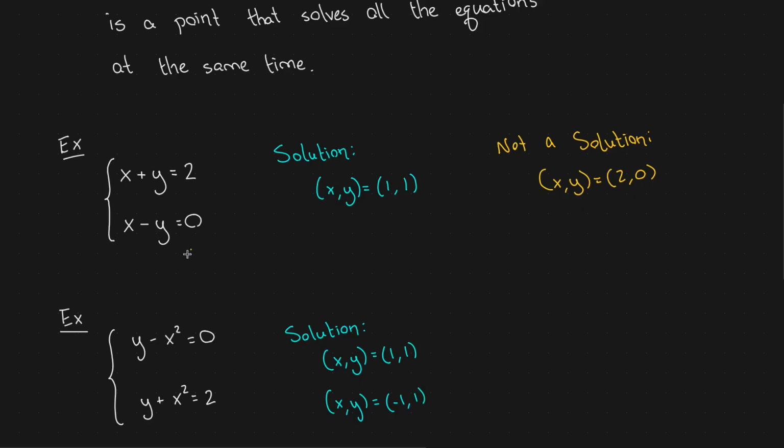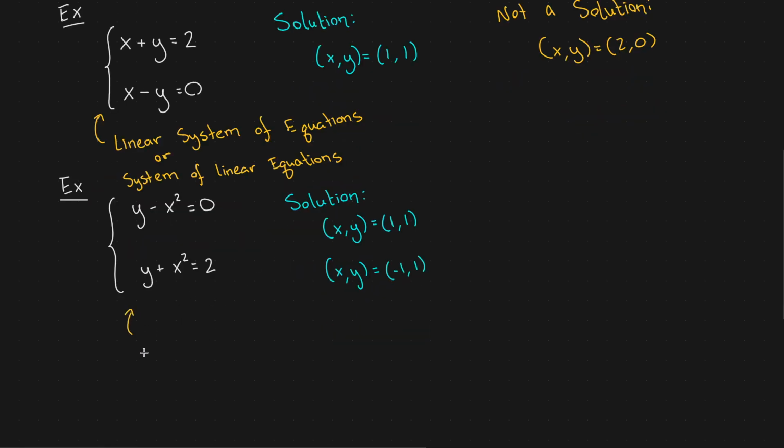Notice that this first system of equations is a linear system of equations, or a system of linear equations. It means the same thing. It is a system of equations where all of the equations in the system are linear. But this system down here is not a linear system.